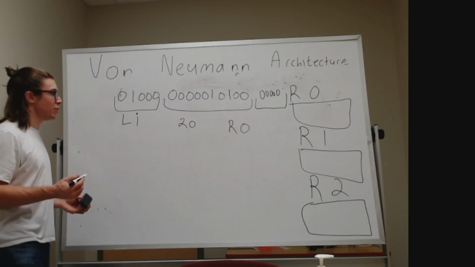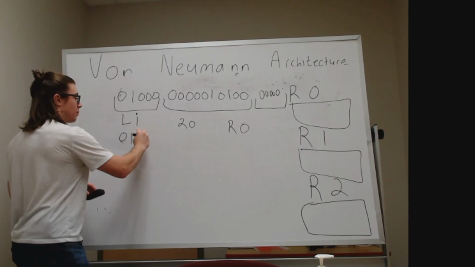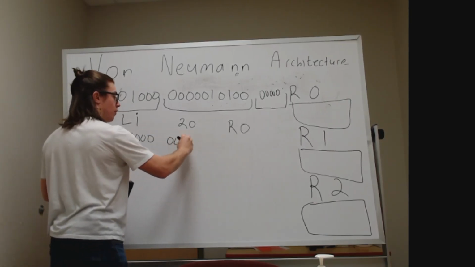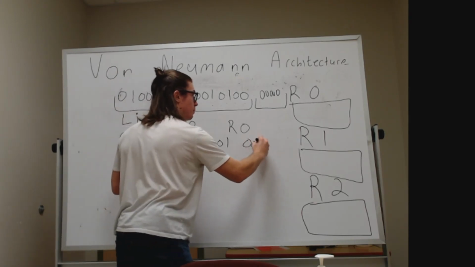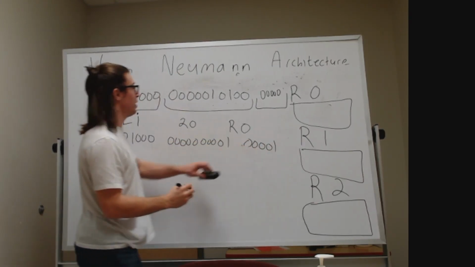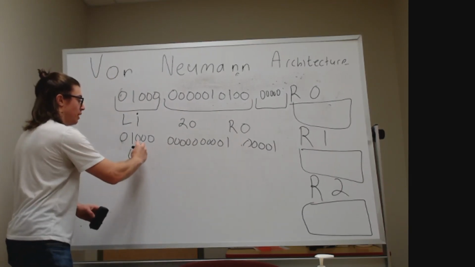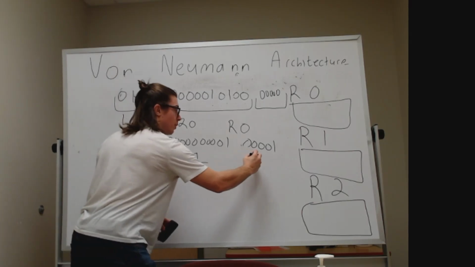And so what we can do is we could load the number 1 into register 1. All right? And so this command is load immediate or load integer number 1 into register 1.